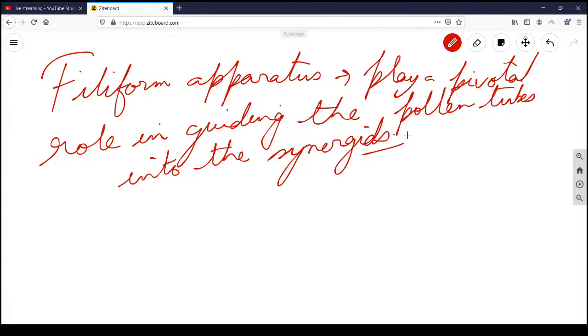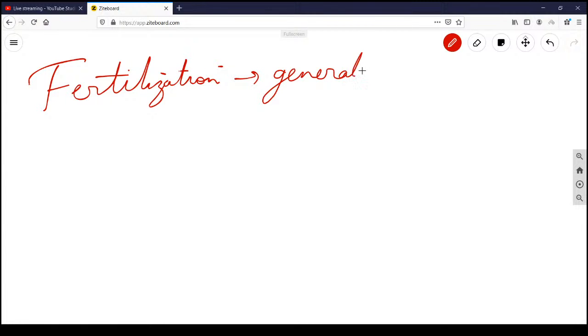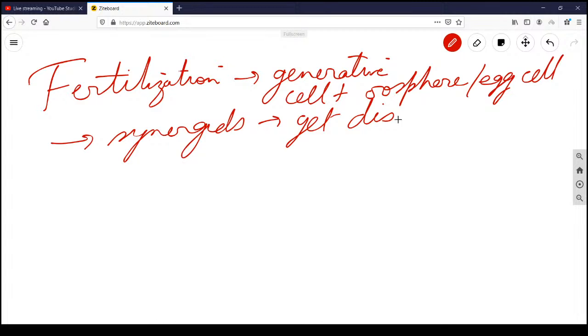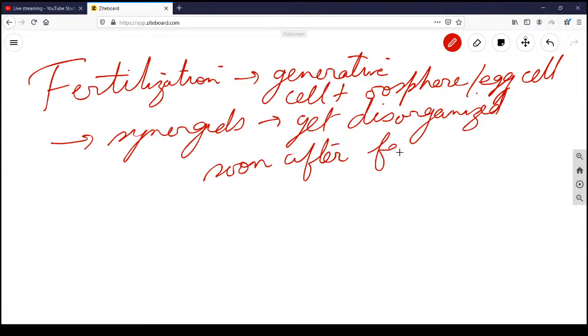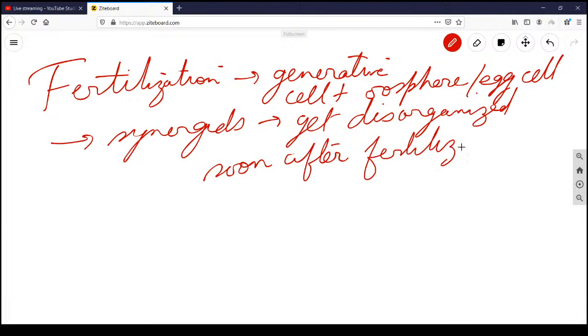Fertilization means the generative cell plus the oosphere, or the egg cell, as we call it, and the synergids, or help cells, get disorganized soon after the fertilization event.